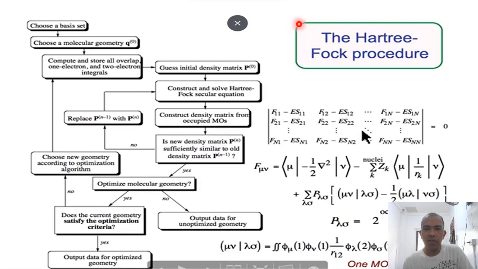We have this term in the Hartree-Fock matrix that involves the density matrix, which tells us the degree to which individual basis functions, the lambda and sigma here, are contributing to occupied molecular orbitals.